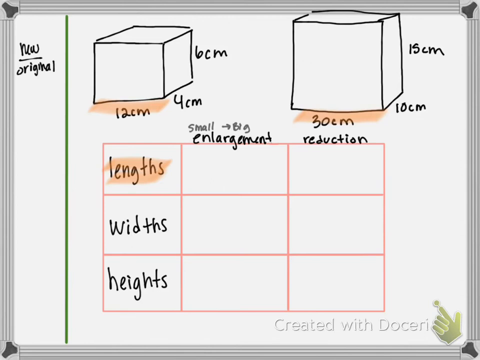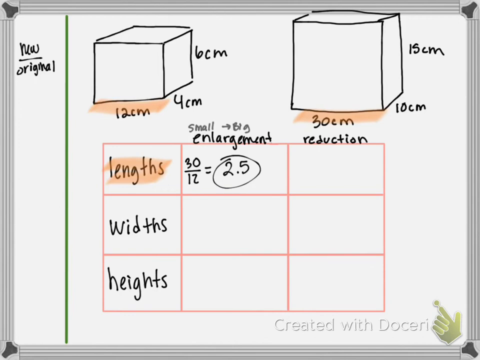And in this case, my original measure is 12 because we're going from small to big. So I'm going to have 12 over my new measure, which would be 30. Okay, 30 divided by 12 gives you a 2.5. And that makes sense because it's bigger than 1, and if it's bigger than 1, you have an enlargement.